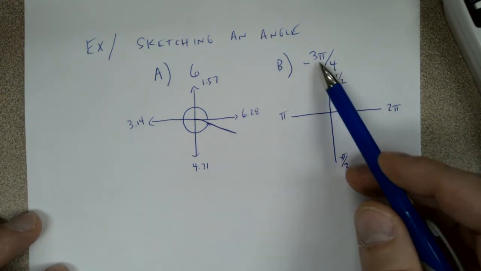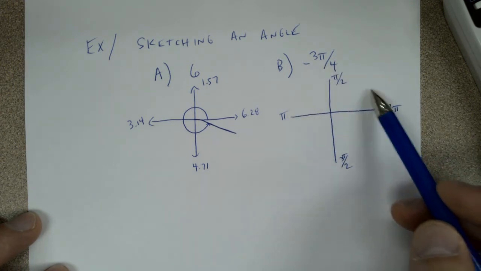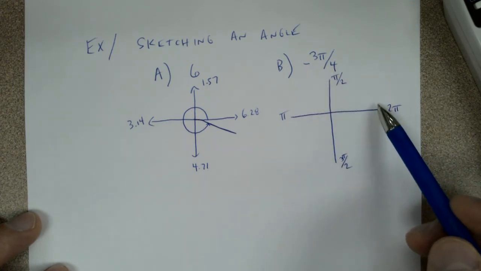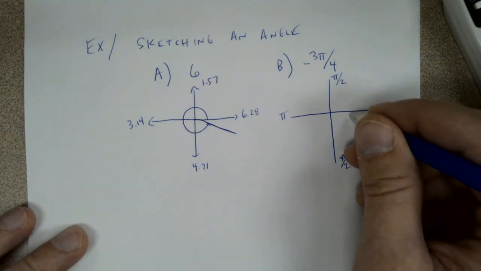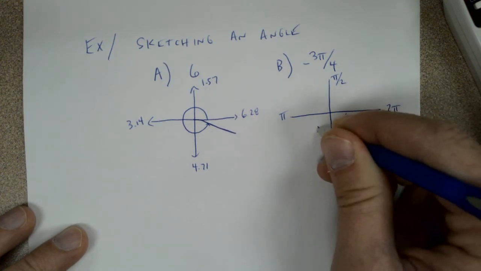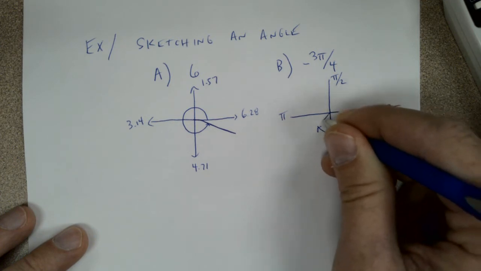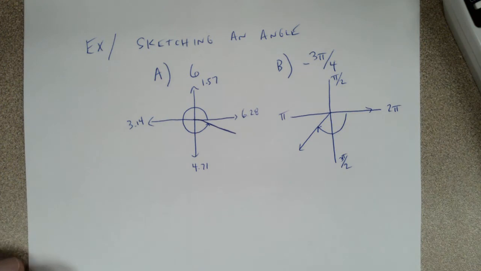The way I think of this, 3 pi fourths, we'll think about what's 3/4 of pi, or 3/4 of 180, and it's 135. So if I'm going negatively, there's a negative 90, and then I'm going to go another 45. So there would be my angle there. So I would be in the third quadrant for that particular angle.